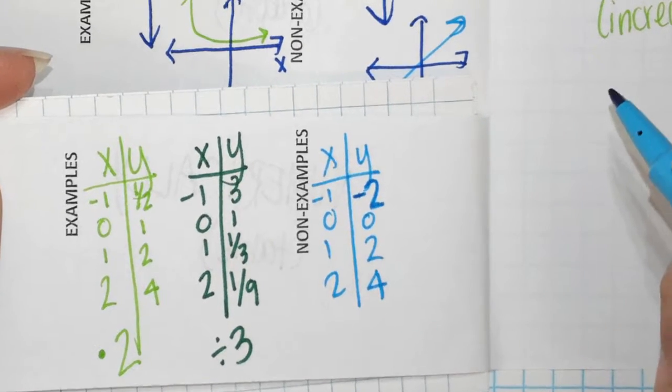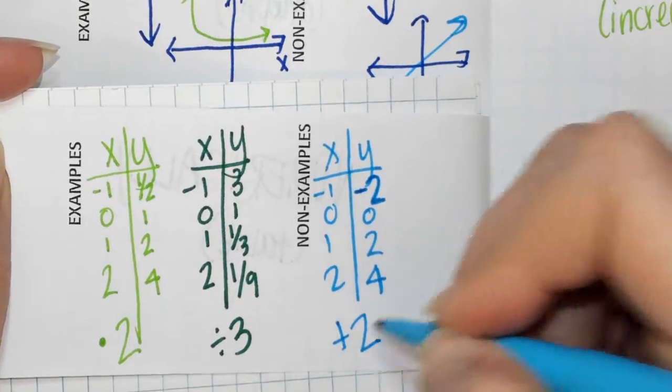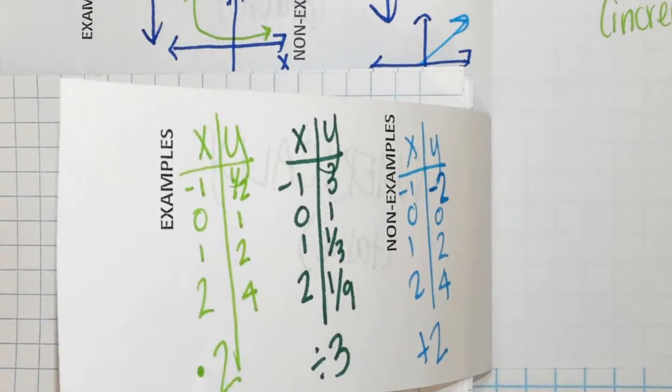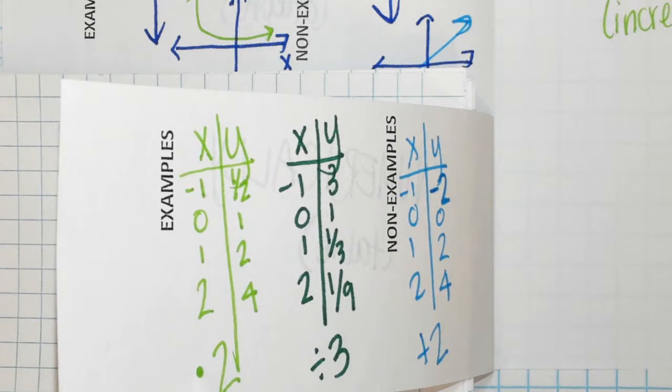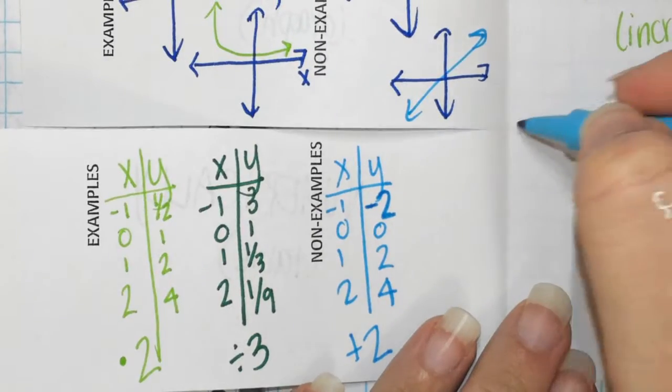Are we adding, are we subtracting, are we multiplying, or are we dividing? Adding. That's a non-example. So you can look at it by a t-table and identify that it's increasing or decreasing by multiplication or division. You can look at a graph and see if it's an L or a J shape, or you can look at the equation and see if it has x as an exponent.